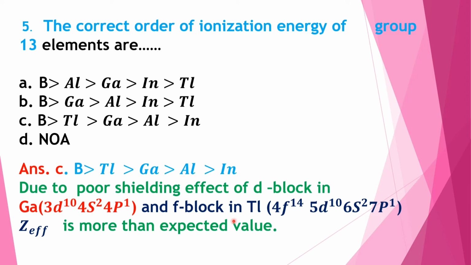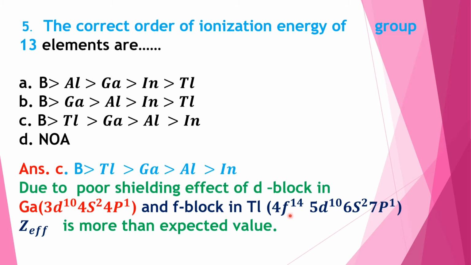On the other hand, if we see the electronic configuration of thallium, it has inner 4f subshell and 5d, due to which it also has a very low shielding effect, that is poor shielding effect.